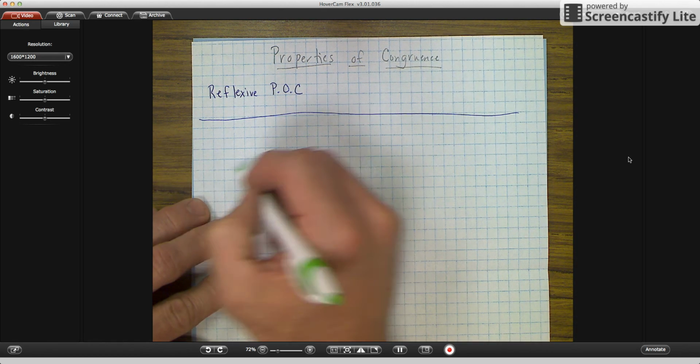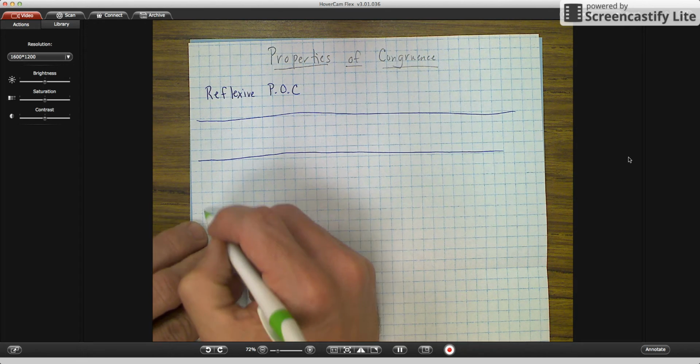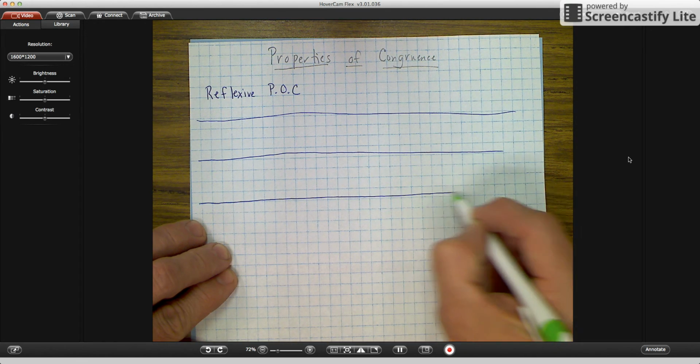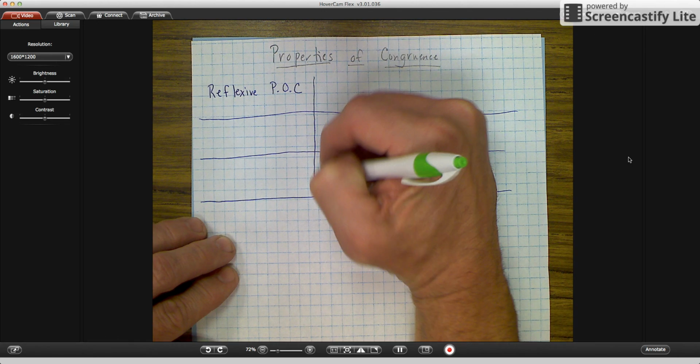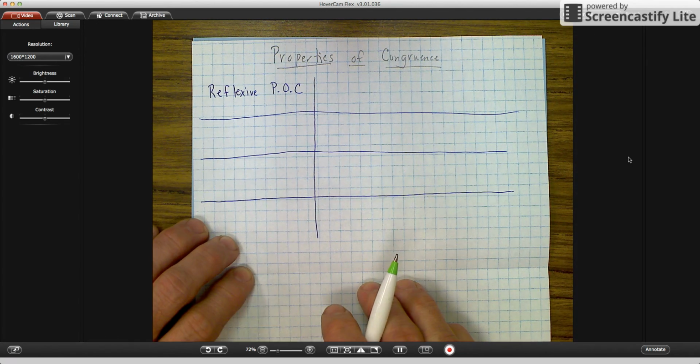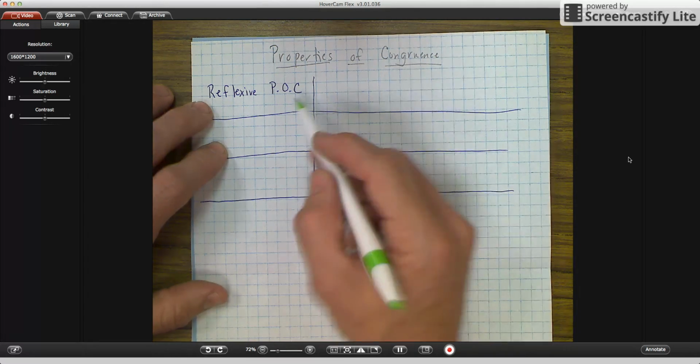You can make a little chart, or you can use half the page, the top half. If you think about your legs and when you go to the doctor and they test your reflexes and they hit your knee and your knee kicks out and it returns back to where it was, that's kind of what the reflexive property of congruence has.